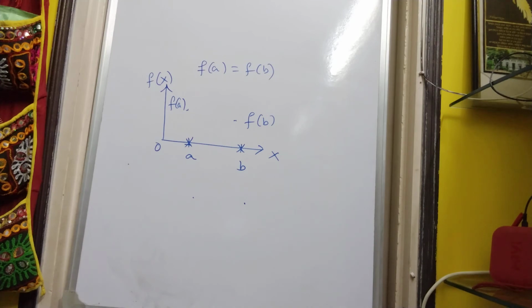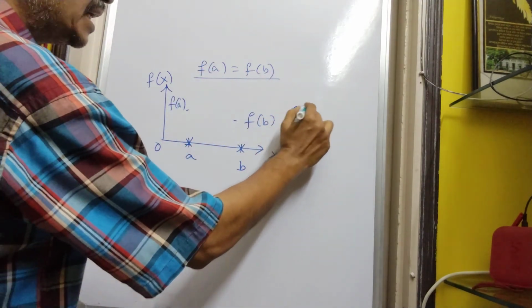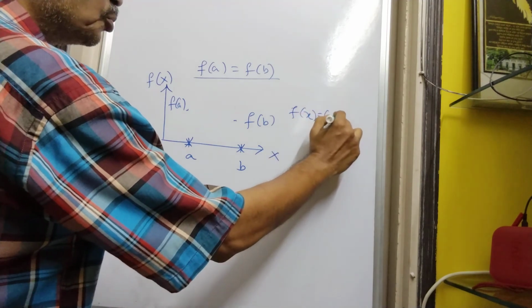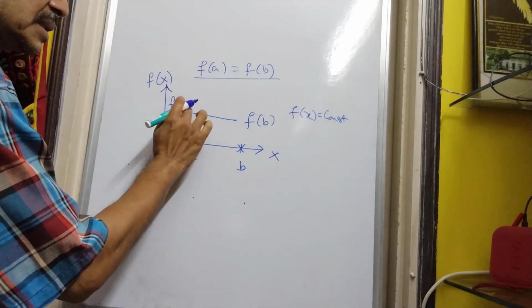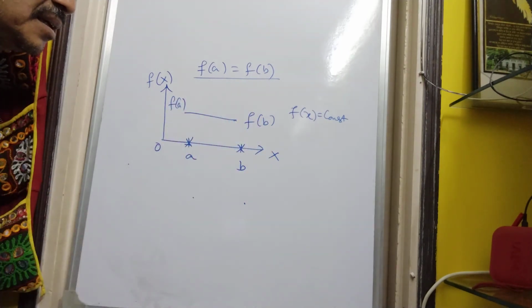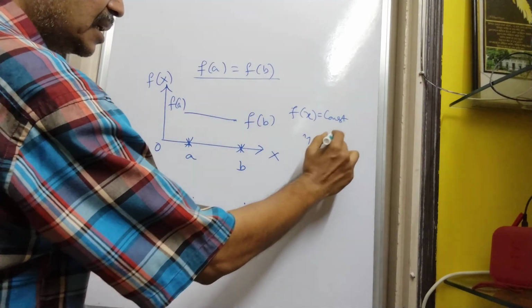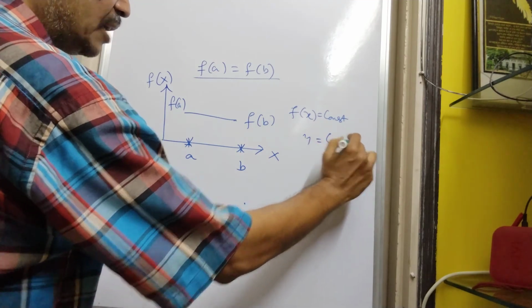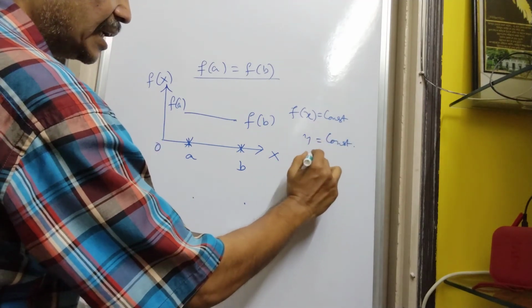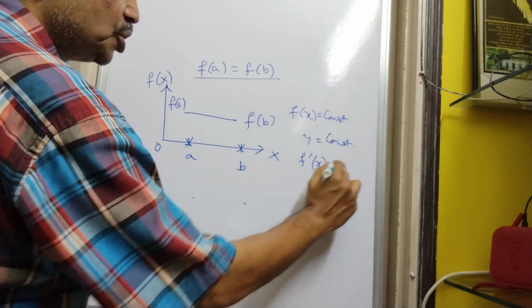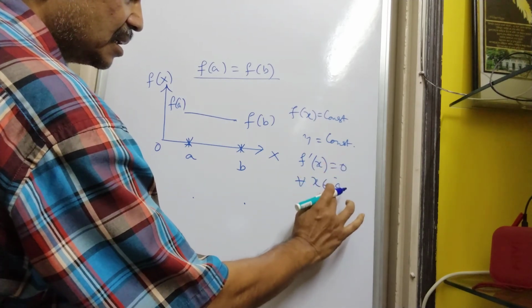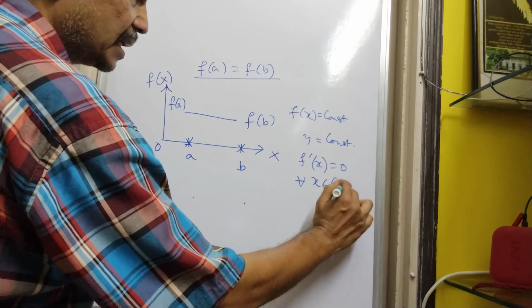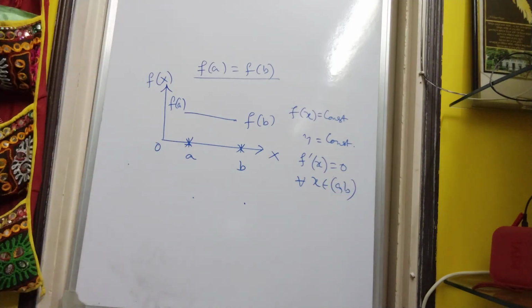So if f(a) and f(b) are equal and if f(x) is a constant function, then we have nothing to prove, isn't it so? This is a straight line, y equal to some constant, and we have f prime(x) equal to 0 for all x in (a, b). Let us write it open interval.